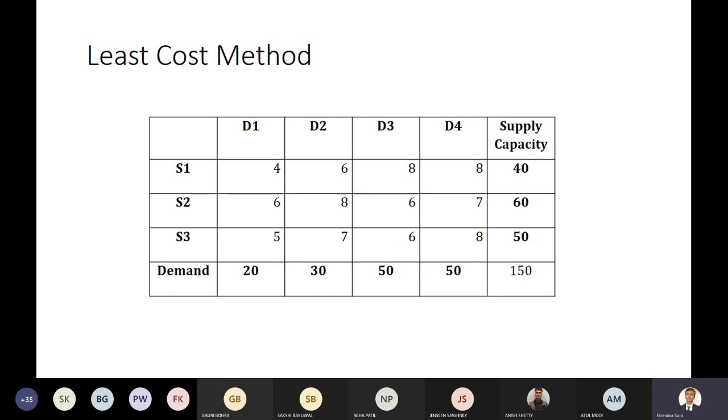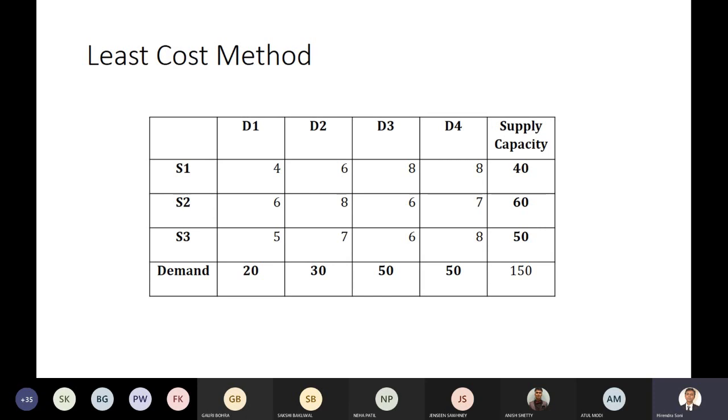Whatever be the cost of the northwest corner cell, just simply allocate. But that is not how it should be, because cost is the primary objective of optimization. So we need to also take it into consideration, and hence we come to the second method.